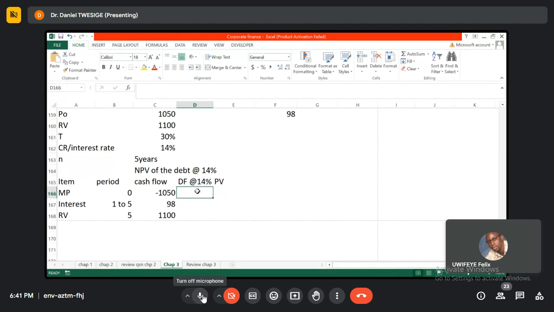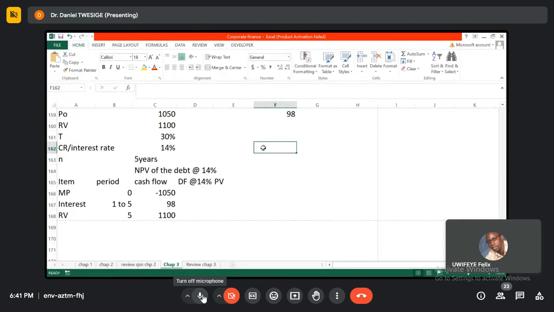So meaning here, what will be in year 0? You still remember the formula we are using. This is a lump sum. Being a lump sum, how do you get the PV?